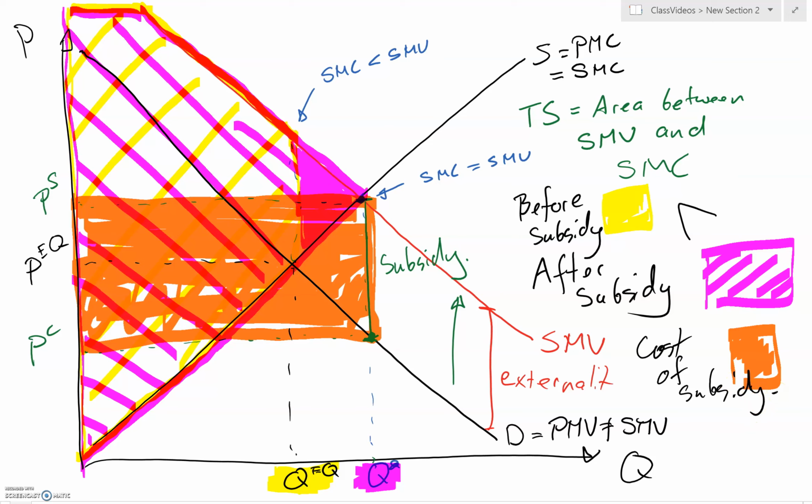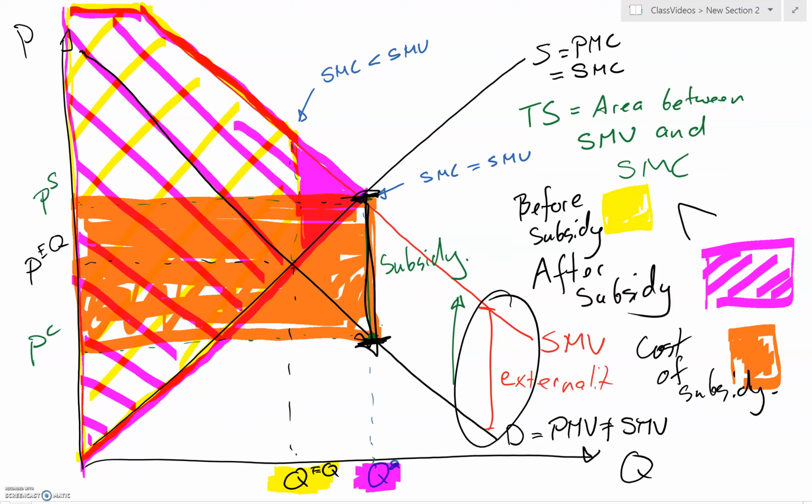Okay, so the government in this case may have to spend a lot of money to subsidize the market to this extent, or not a lot of money, depending on how big the size of the externality is, and it depends not only on the size of the externality, but also on the optimal quantity, right? The government needs to pay the subsidy per item that's the value of the externality, right?